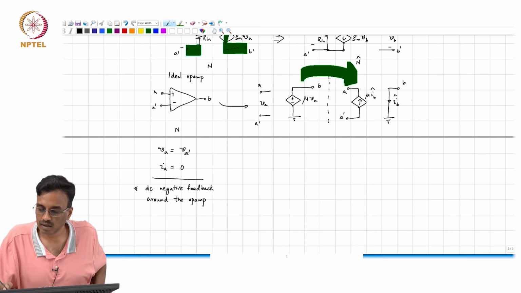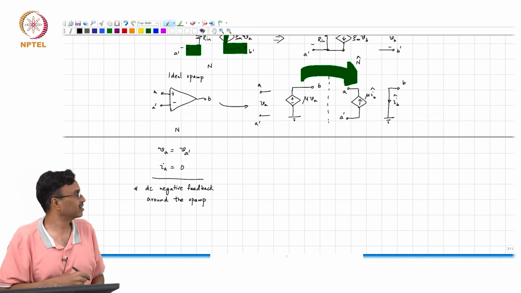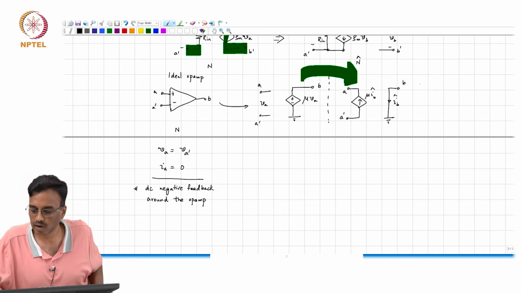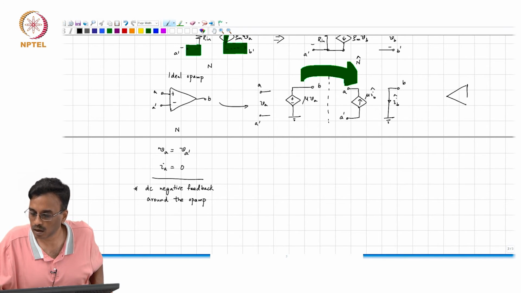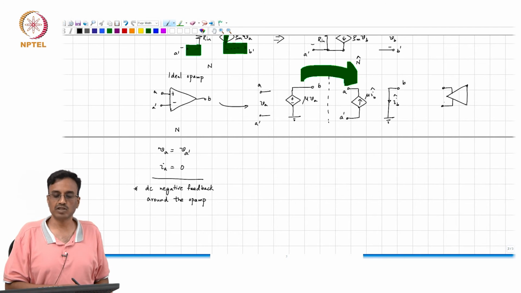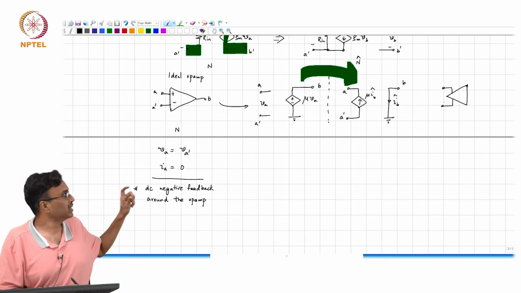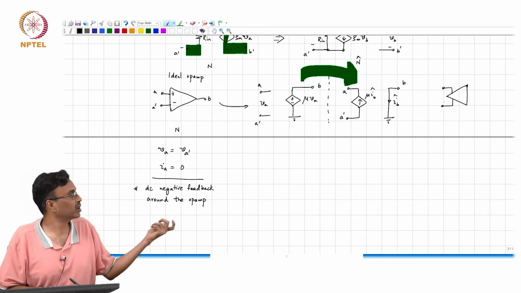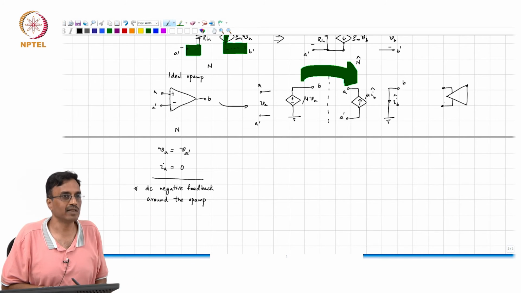And therefore, now we say, well, this is an ideal op amp. So, what must mu tend to? Mu must tend to infinity, right? Okay. So, even though the original op amp had both the input terminals accessible, but one output terminal not accessible, in the adjoint network, what do you see?